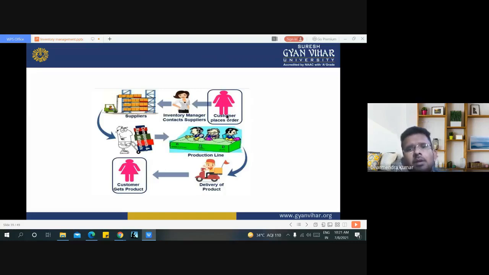Here the customer wants to get a product, it contacts the inventory manager, then the inventory manager contacts the suppliers, then the supplier contacts the companies, and on the basis of that requirement, the production line of the companies makes that type of product. Here the finished goods come out from the company, the delivery of the product goes to the final customers, and the customer gets the product.